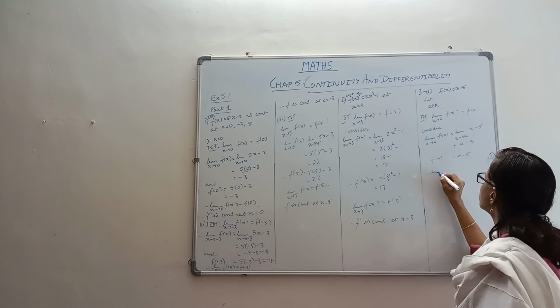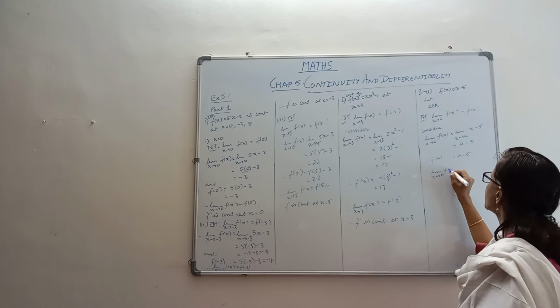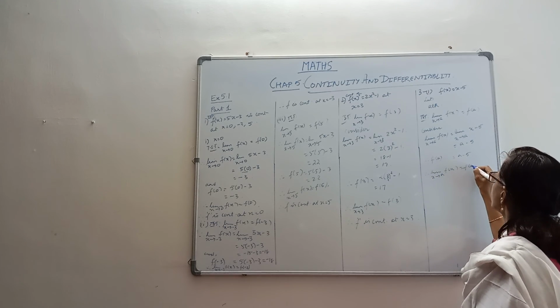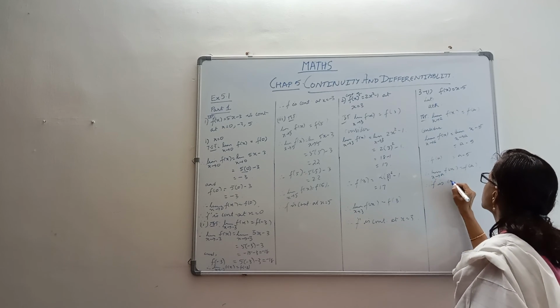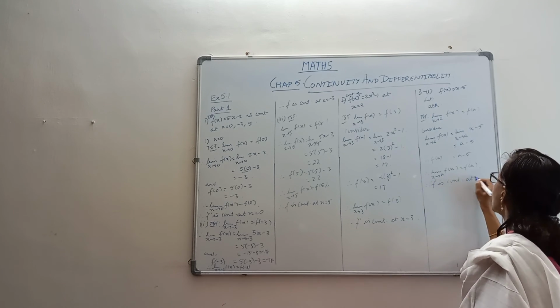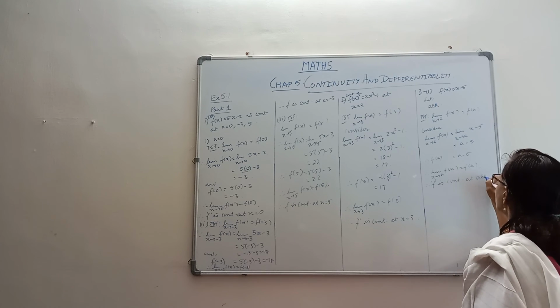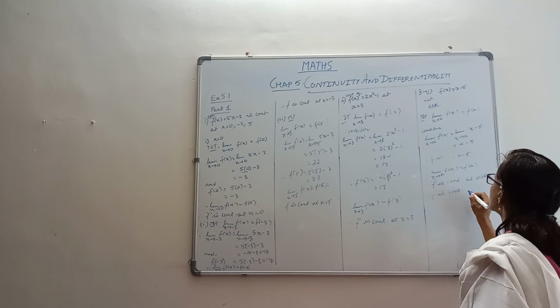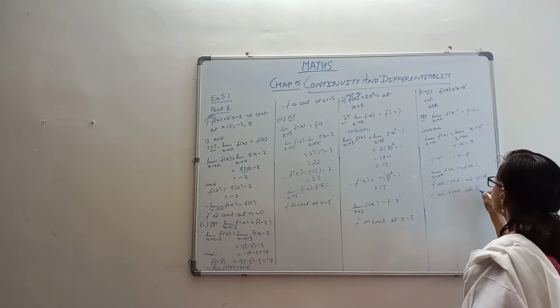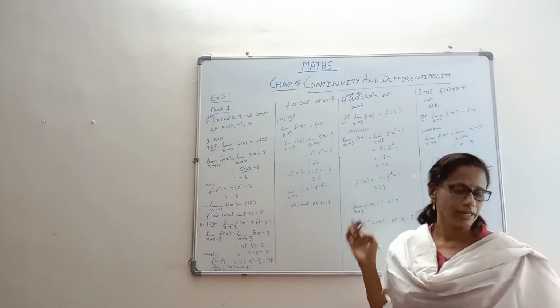Therefore, limit as x tends to a f of x is f of a, and therefore f is continuous at a belonging to R, which means f is continuous in R. At any point it will be continuous.